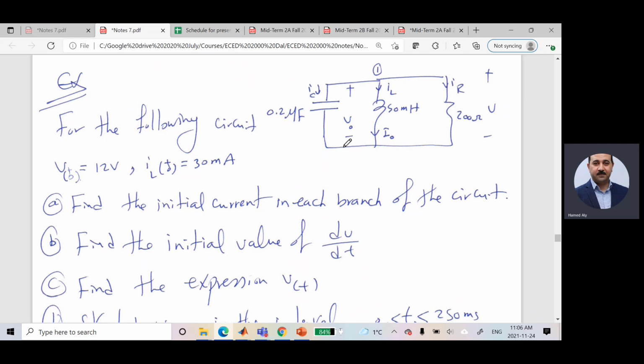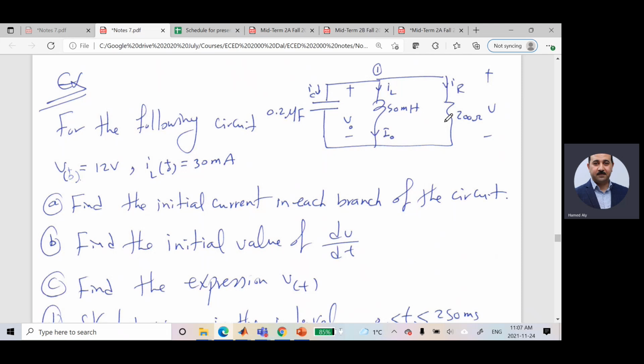Yes, how? I will say the summation of the currents at that node is equal to 0. If all three are leaving the node, then IC plus IR plus IL is equal to 0. So IC of 0 positive is equal to negative the summation of IR of 0 positive and IL of 0 positive.